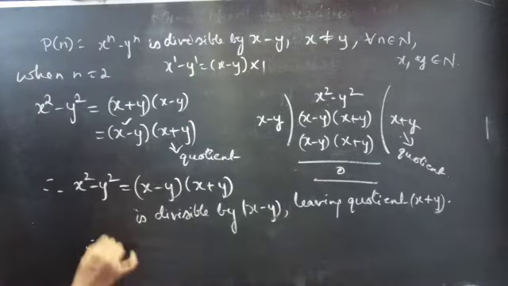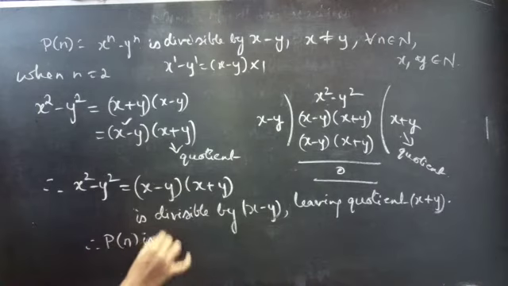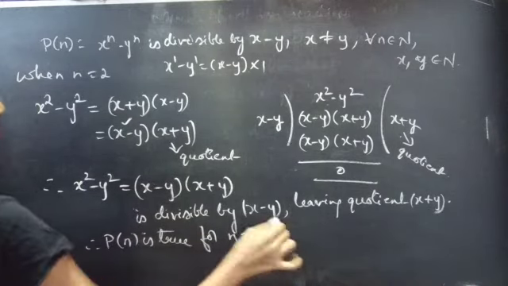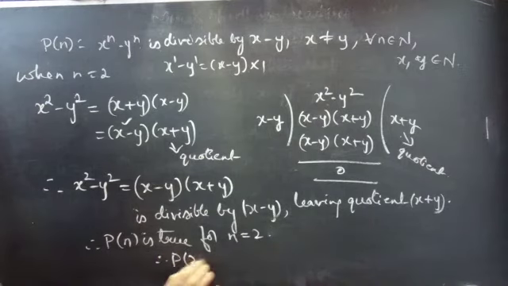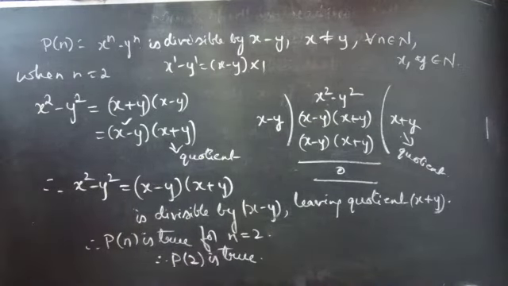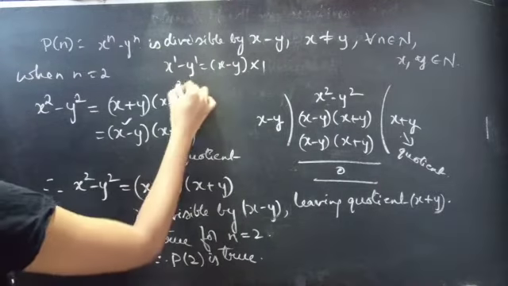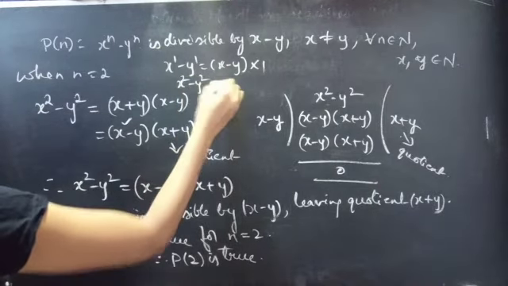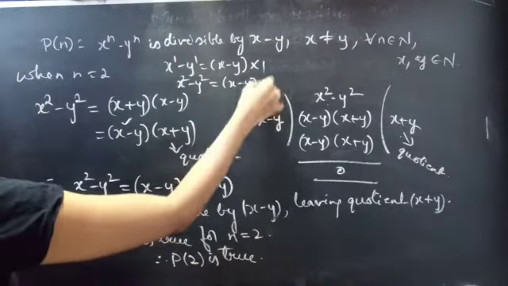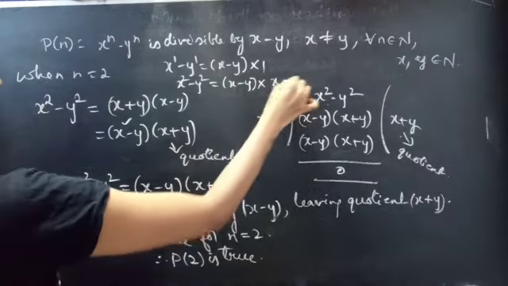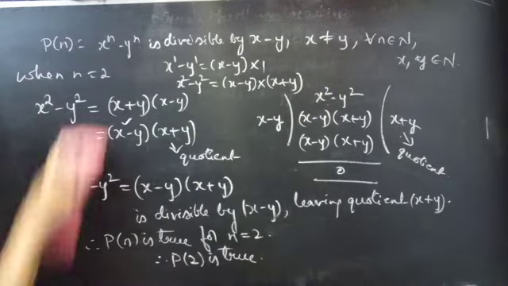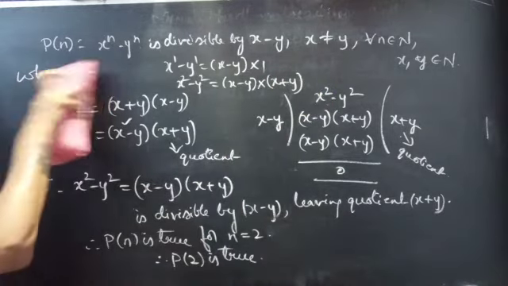So from this we can say that p of n is true for n equals to 2. So therefore p of 2 is true, right? Now we'll see for n equals to 3.